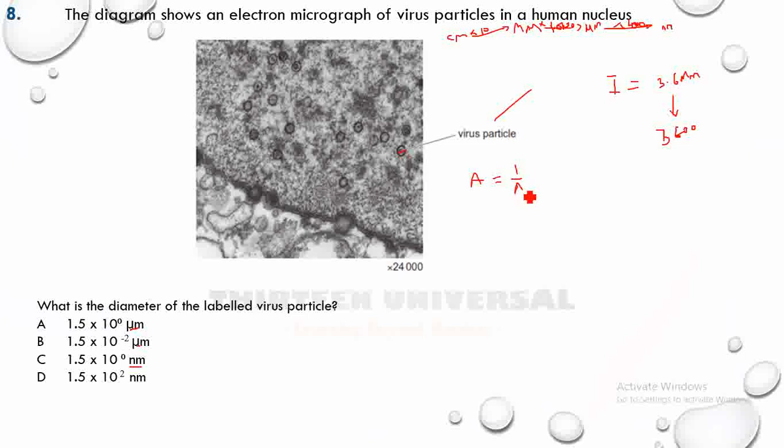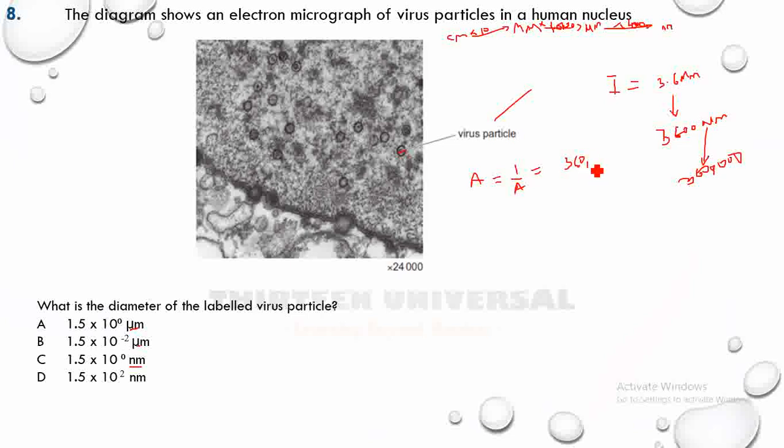The image is 3600 micrometers. Since we have nanometers in the options, you can convert it by multiplying by 1000 again, which gives 3,600,000 nanometers.